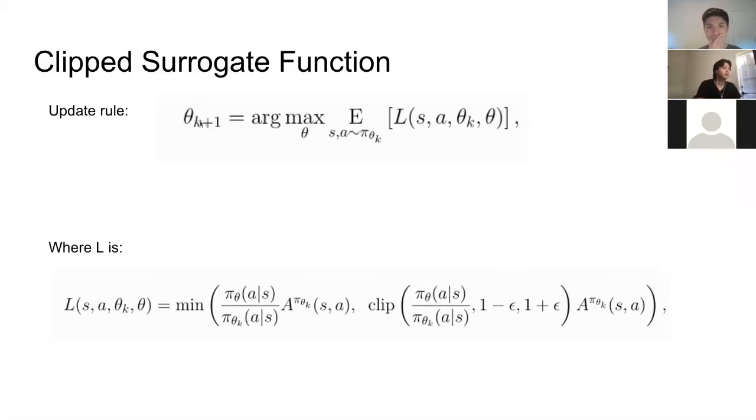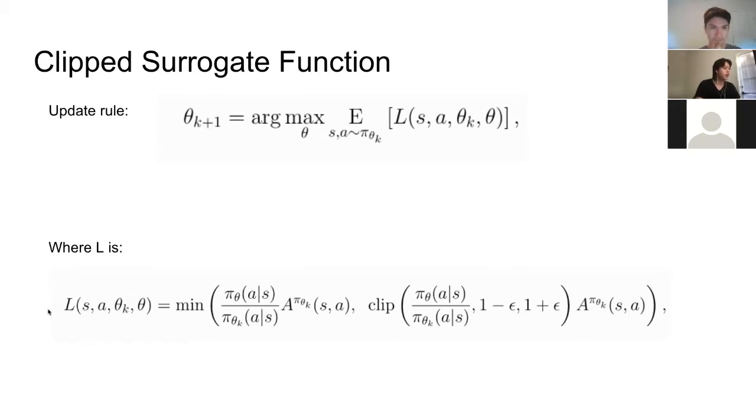And theta at the kth iteration plus one, the k plus 1th iteration, which in other words is just the next version of our theta, is equal to the argmax over theta of the expected value of our L function, which is our performance function. In other words, we're trying to find a set of theta that maximizes our expected performance. That's the way to think of it.